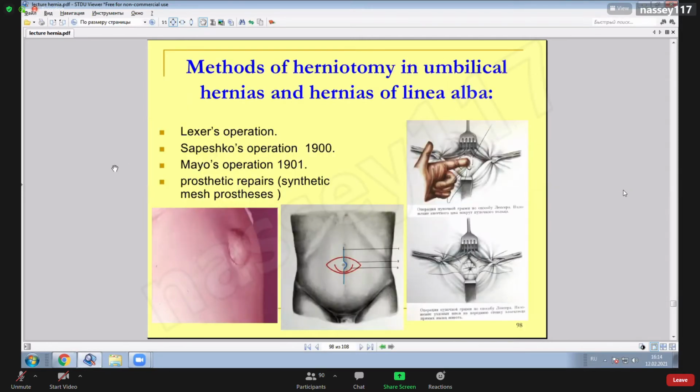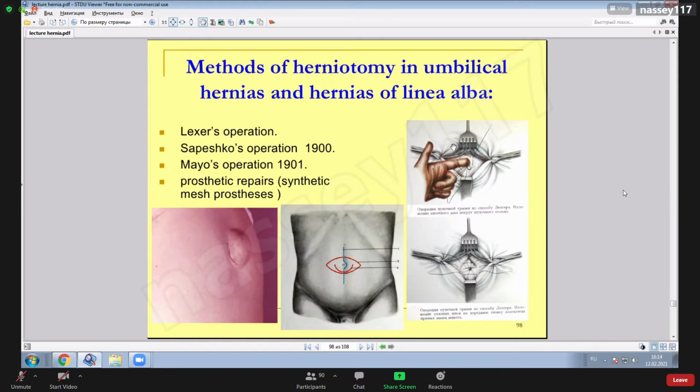Methods of herniotomy in umbilical hernias and hernias of the linea alba. We may use Lexer operation, Sapezhko operation, Mayo operation, and repair by synthetic mesh prosthesis.